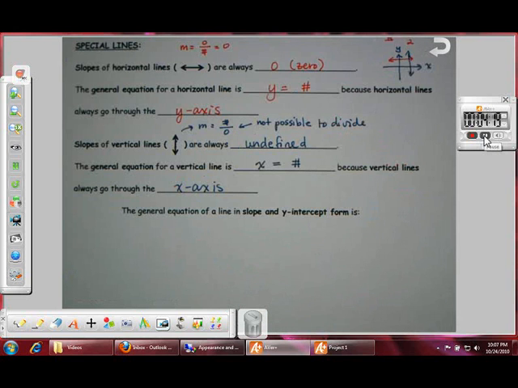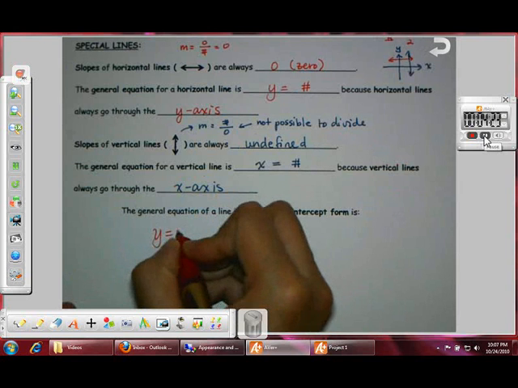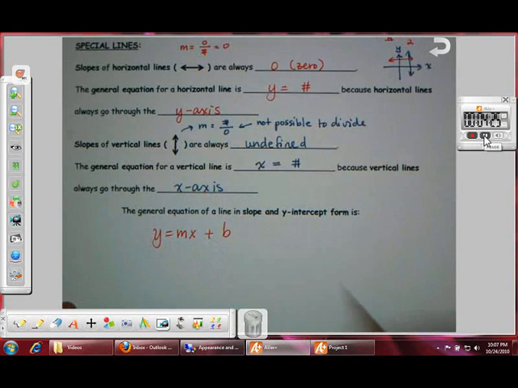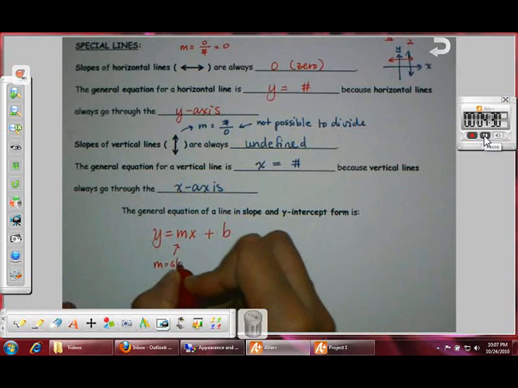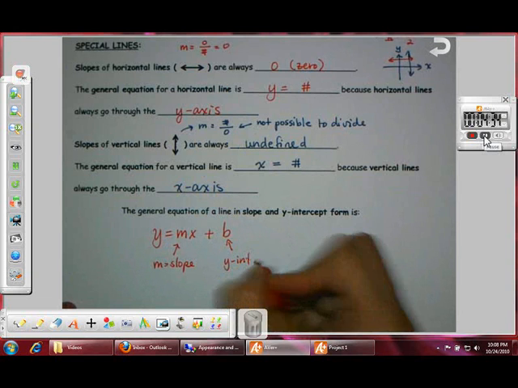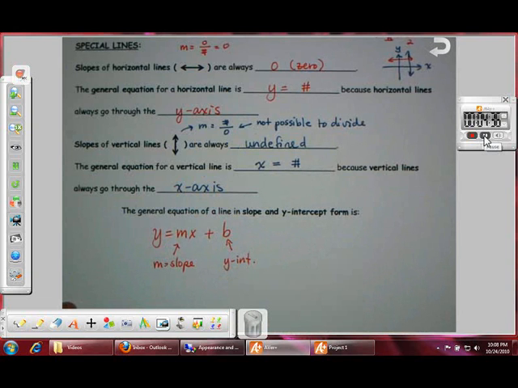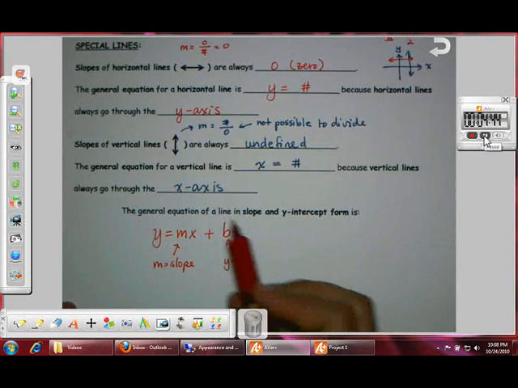The general equation of a line in slope y-intercept form is y equals mx plus b, where m is your slope and b is your y-intercept. Only the vertical line doesn't quite follow this format. Even the horizontal one kind of falls in, because if the slope is 0, 0 times x is 0, and you're left with b.